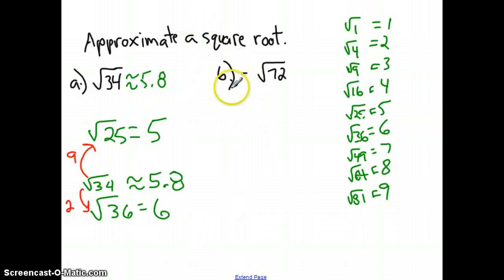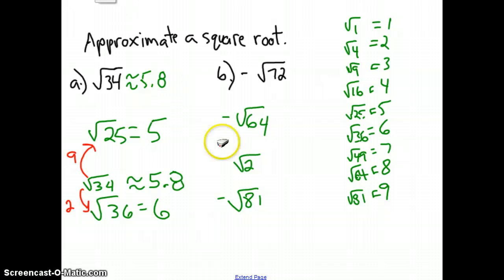Now if we look at this one, the negative sign out here means we want to find the negative answer of it. So square root of 72, if I look at this list of perfect squares, 72 falls in between the square root of 64 and the square root of 81. So I'm going to put the square root of 64, and we're doing the negative versions, and the square root of 81. And the square root of 72 falls in between there.